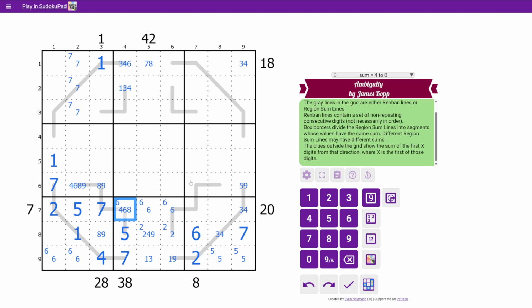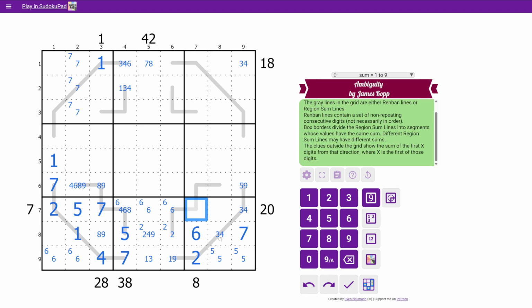So where are we at? Do we have any clues on these? Is this a region sum? Look, it could be 6, 2, and an 8 being here. This would be 3 and a 9.